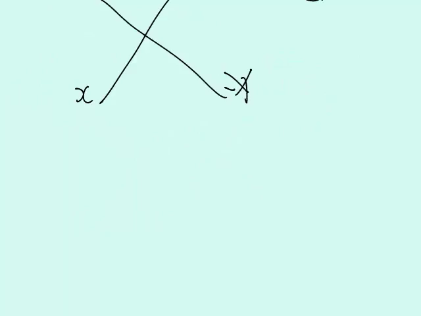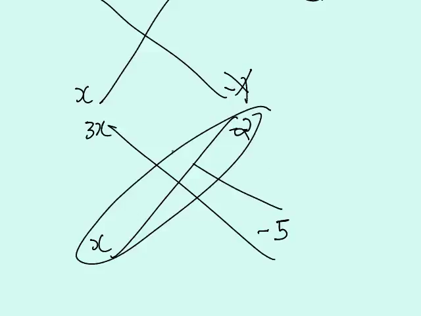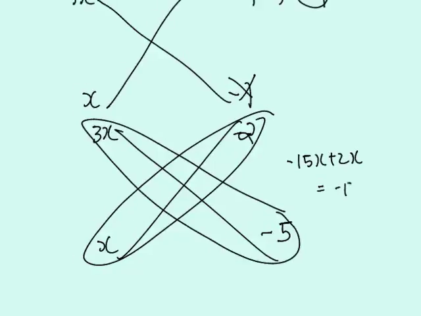Let's scroll down so you can see it. 3x, I'd put a 2 here, sorry, not negative, and negative 5 here. Will that work out? Well, if I cross and I cross, I get negative 15x plus 2x is negative 13x.